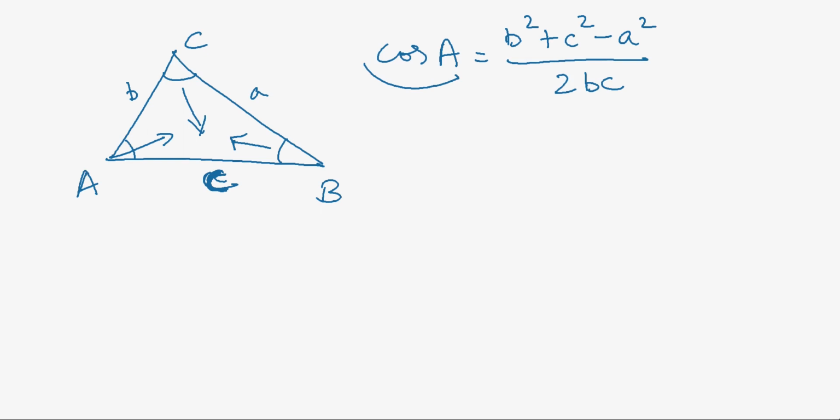Normally if it is a right angle triangle, we know cosine of an angle is the adjacent side to the hypotenuse. Now this is also something like adjacent side by hypotenuse, but the adjacent side and hypotenuse are not very well defined in a non-right angle triangle.